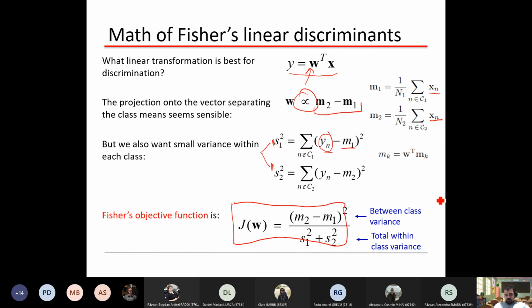So it is the ratio of between class variance to within class variance. And we have to make this value as high as possible. In this process, we change the weights of w, and by changing the weights of w, we obtain the optimum line on which we have to project our data.